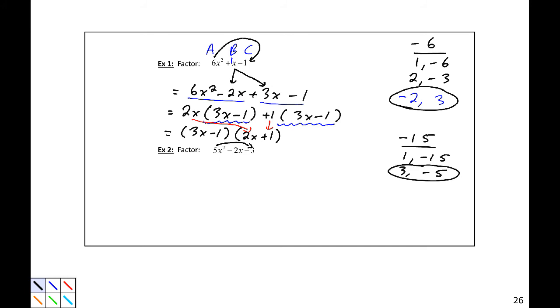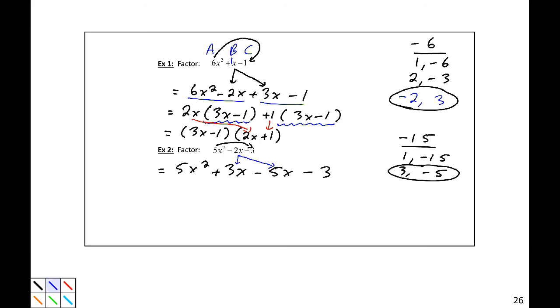So I'm going to rewrite this trinomial as 5x squared plus 3x minus 5x minus 3. Again, these two terms are coming from the values that I just found that I claim, and I showed, add to be negative 2.